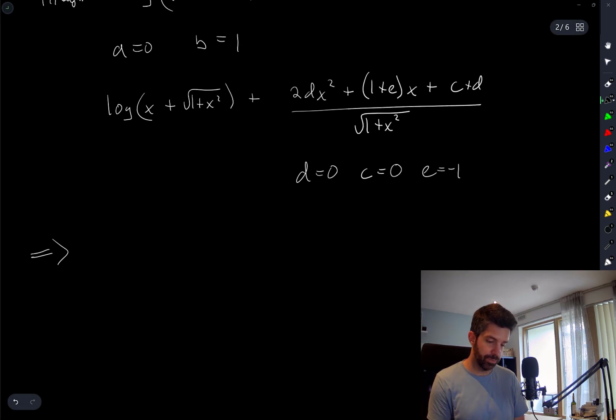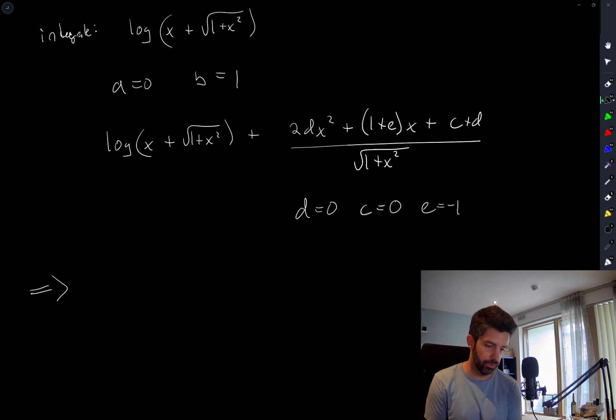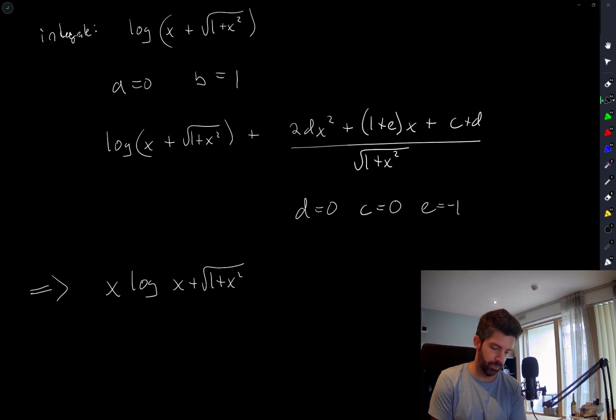The original expression, ax squared plus bx plus c times a logarithm plus dx plus e times the square root, and so on. This will give x times log of x plus the square root of 1 plus x squared. d is 0 and e is -1. So then it'll be minus the square root of 1 plus x squared, like that.